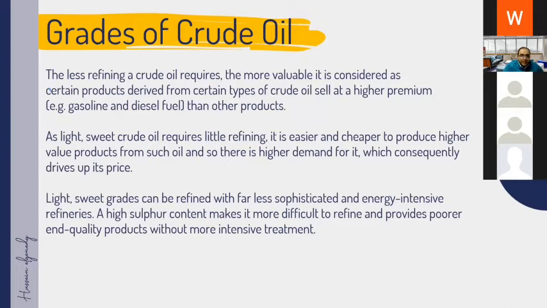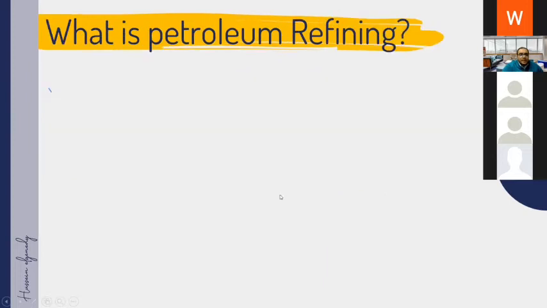This means it's valuable and its price is high, as we mentioned before. Also, when the sulfur content is high, it's difficult to refine the crude oil and it needs further processing, which means its price will be reduced because of the processing required.